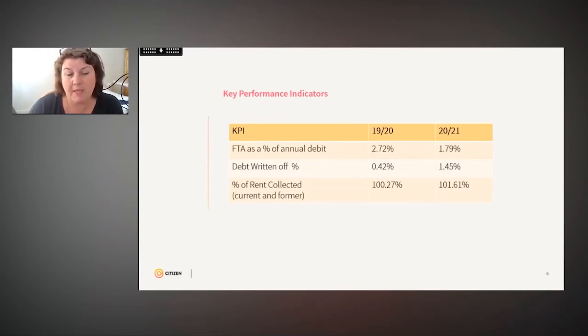But when you look at the percentage of our rent collected, looking at both current and former arrears, again, you can see a real positive direction of travel between the 2 years, but again, can be connected to how much debt we've written off. Now, we don't expect to write that amount of debt off going forward. We expect that figure to kind of even out on a monthly basis now, rather than big one-off write-off exercises going forward.